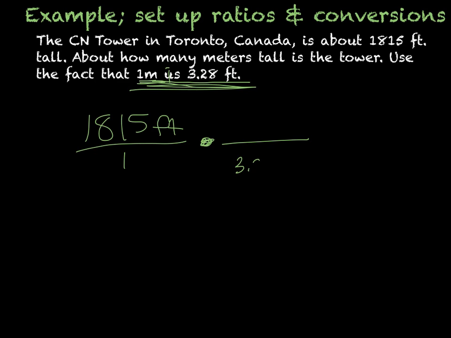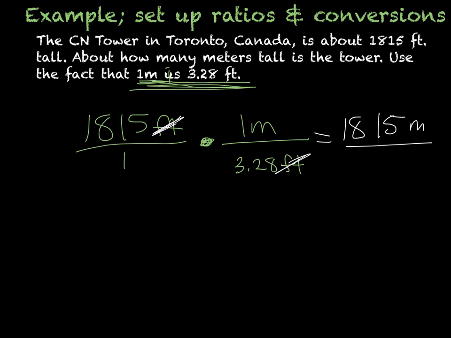So 3.28 feet, and then in the numerator I'm going to have 1 meter. So then when I cancel my units, the feet cancel, leaving me with 1,815 meters over 3.28.